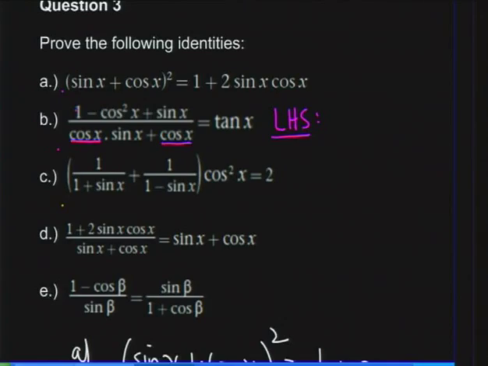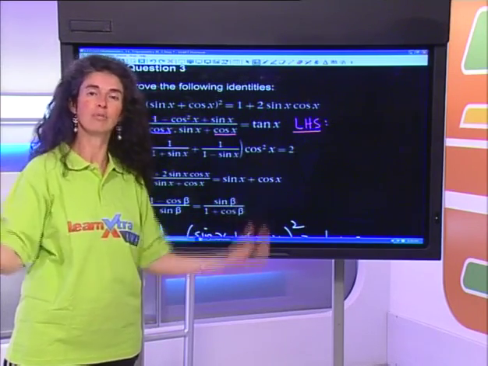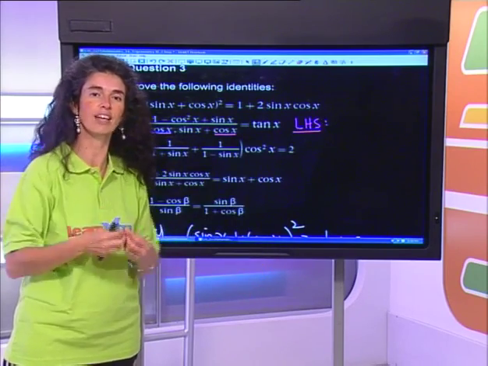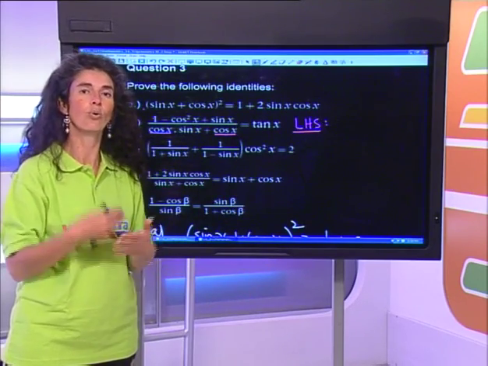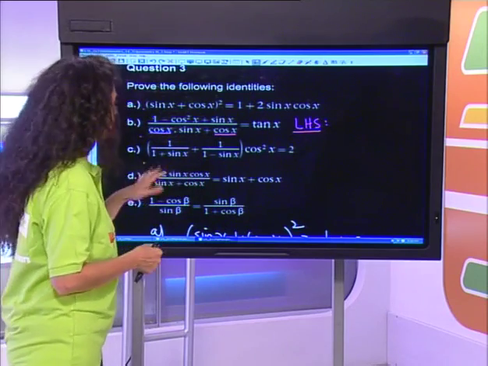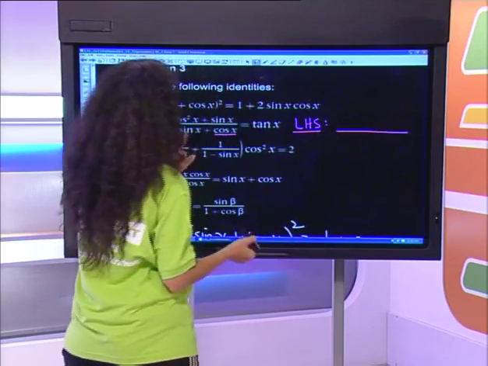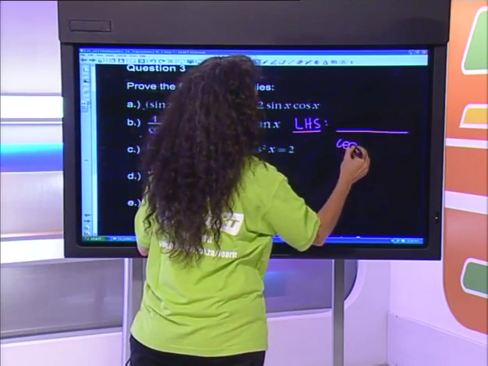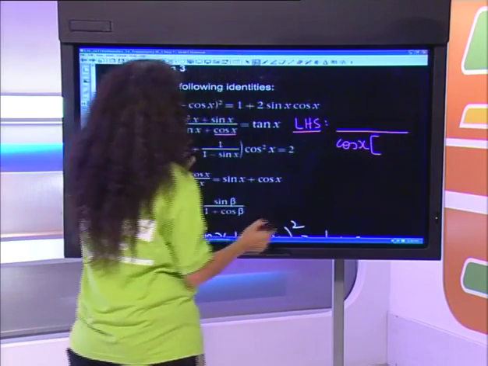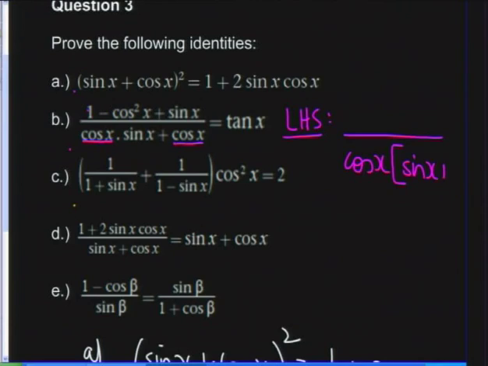So do you remember factorizing the algebra? Being able to expand, being able to contract and bring things together again, being able to factorize, all those are tools for you to be able to do trigonometry. So in my left-hand side, I sometimes start with what I can do, which is to take out the cos x, and then I'm left with sin x + 1. Now, this gives me a hint.